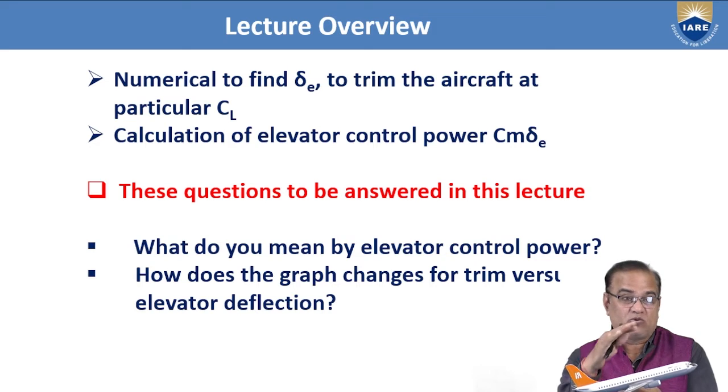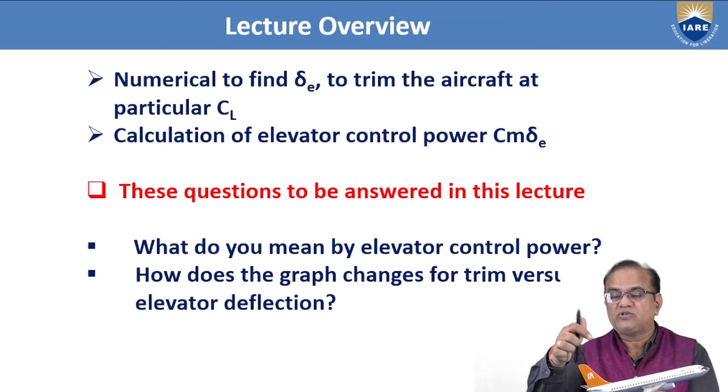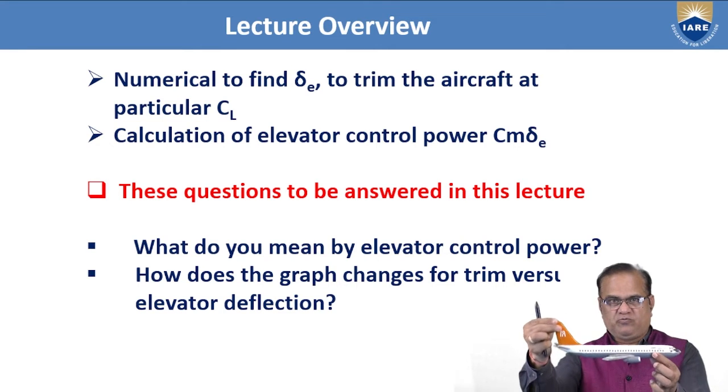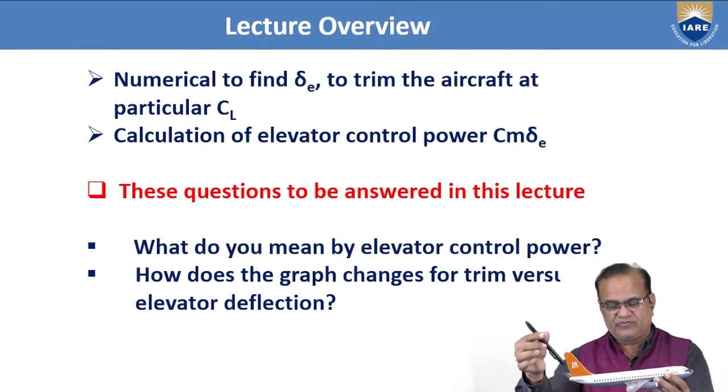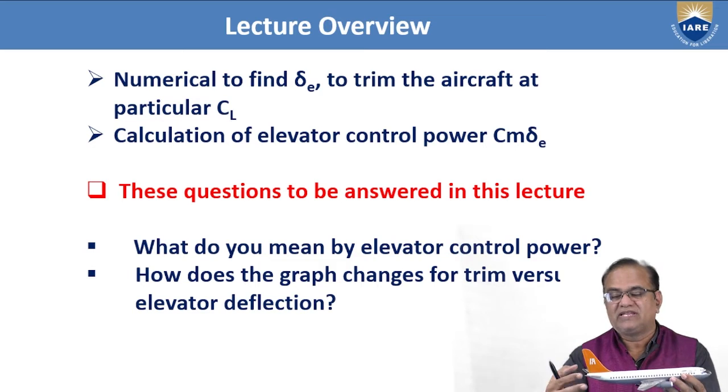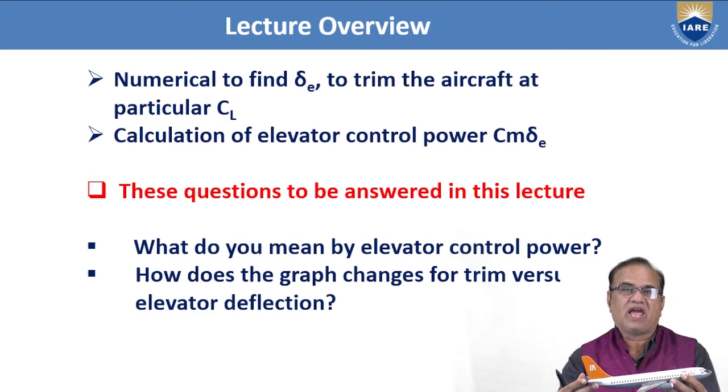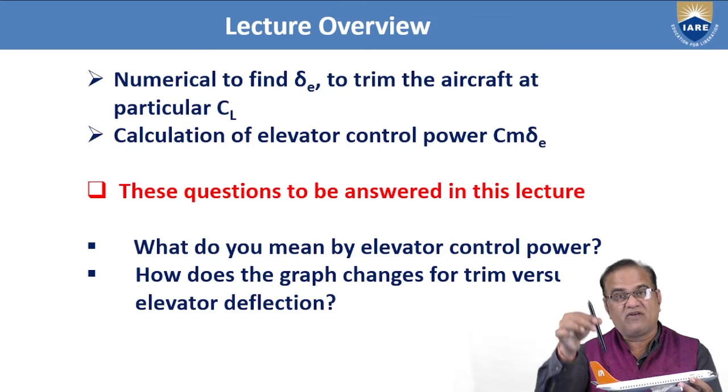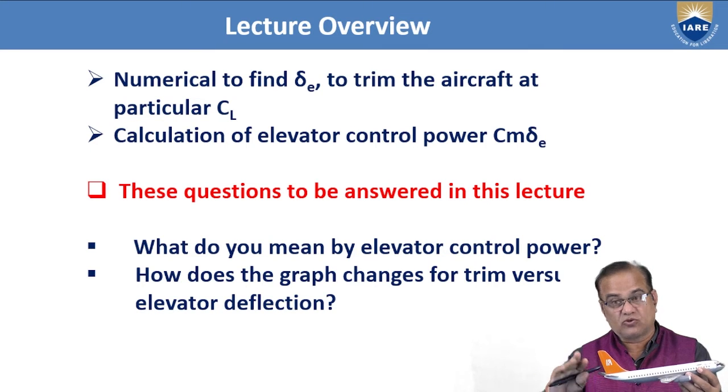If I want to make nose down, our force should act upward. So this upward force will try to pull like this. So what we have to do? The elevator, which is one of the primary controls for any aircraft, in this case, if you want to make the force upward, your elevator should go down.